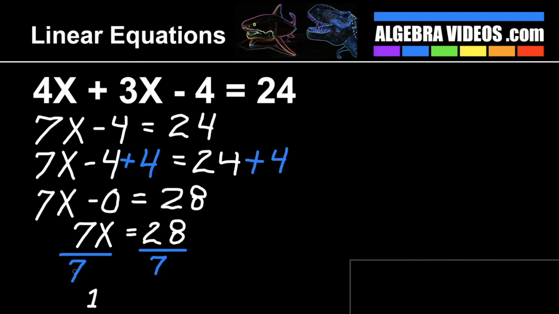So instead of 7x over 7, it's just the same as 1 times x. This whole term here simplified to just 1x. And on the right side, 28 divided by 7 is 4. So 1 times x equals 4. Well, 1 times x is really just x, right? So now we know x equals 4.